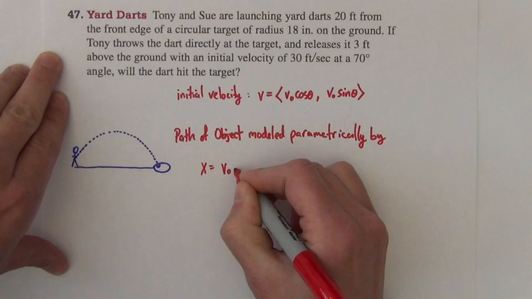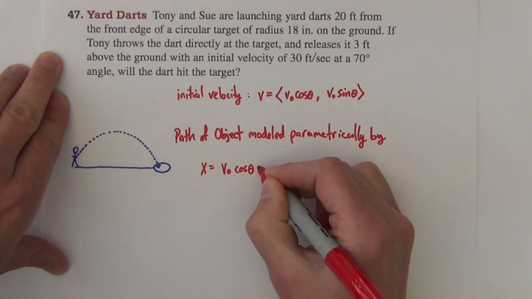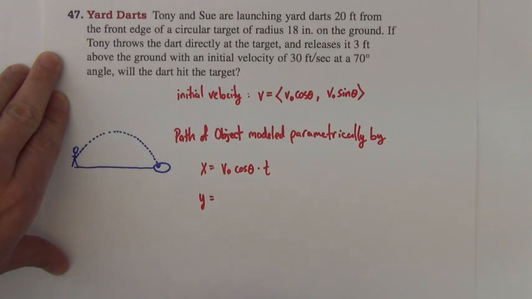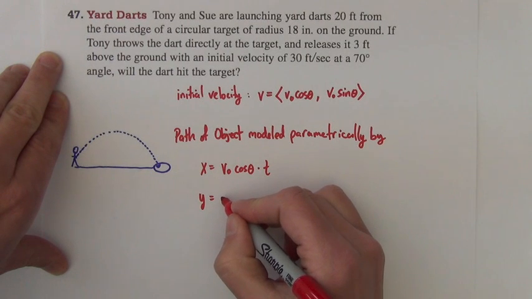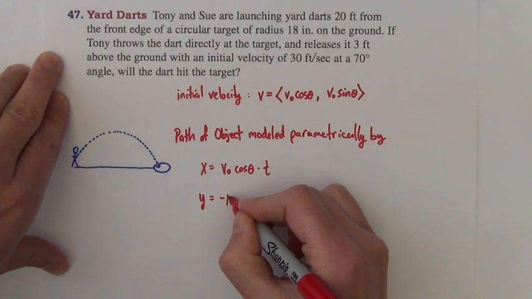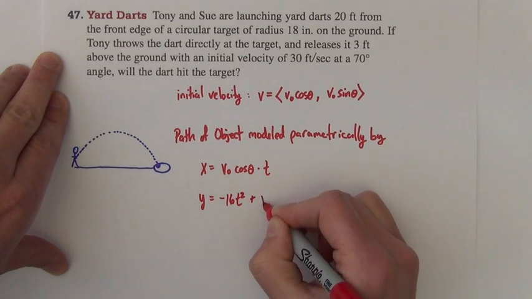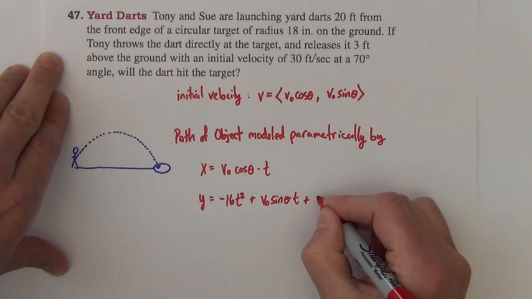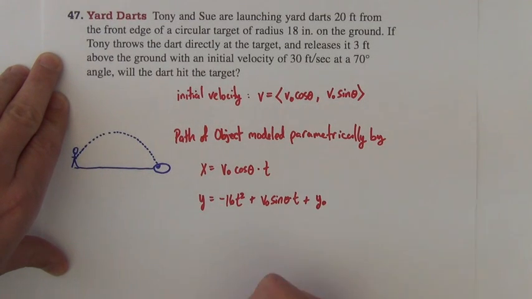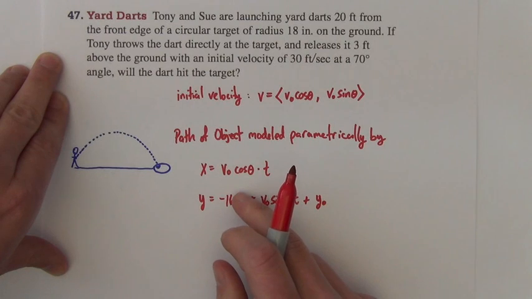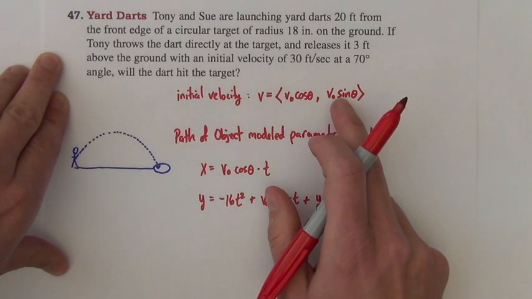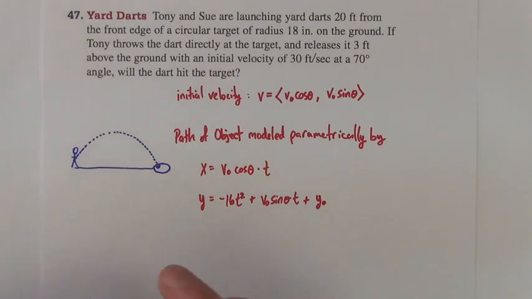X equals V naught cosine theta times t, and then here y is your projectile motion equation. I'm going to go ahead and just put in the negative 32, right at negative 16 t squared plus V naught sine theta times t plus, and I'm going to go ahead and just use y sub 0. Instead of s, I'm using y because I wrote y over here. So it is very similar, except we've got this horizontal component of our initial velocity and the vertical component of the initial velocity vector within each of these. Okay?